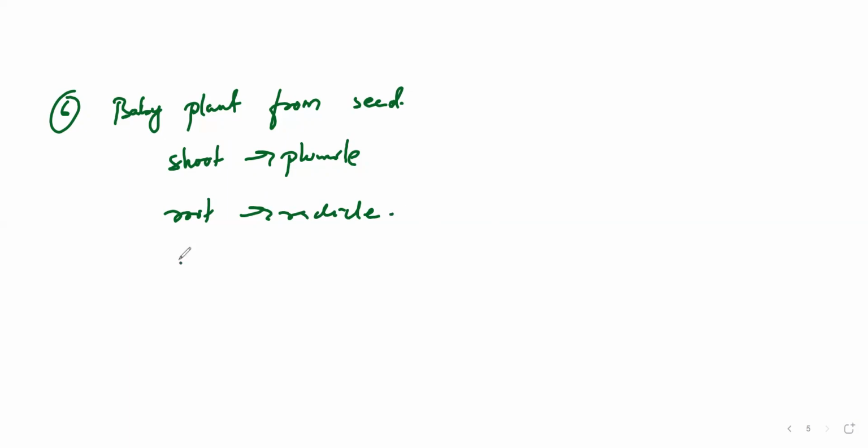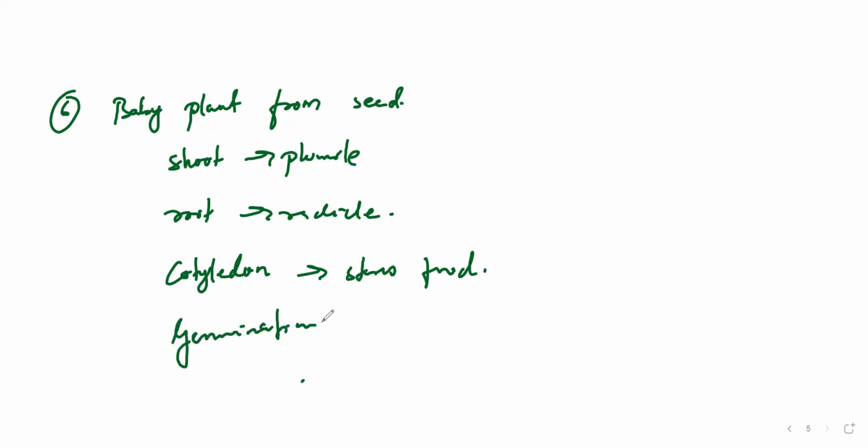That part is called the cotyledon, which stores food. Under different conditions of water, air, temperature and light, this plant will undergo the process of germination. And again another plant will grow. This is how the entire process of pollination and fertilization takes place in a plant.